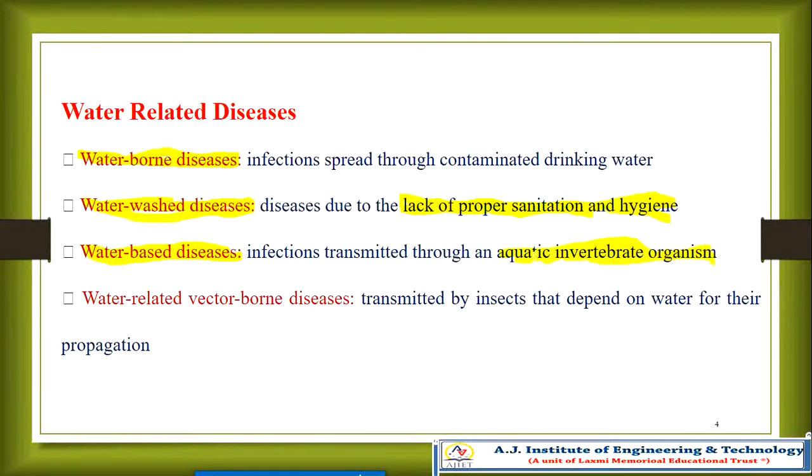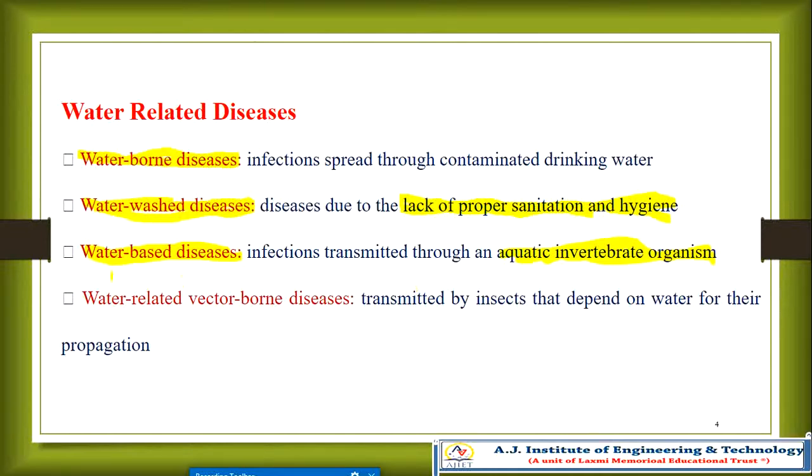It is an animal without a backbone, and includes things like fruit flies or sea sponges. Because of these animals, the infection may be transmitted.